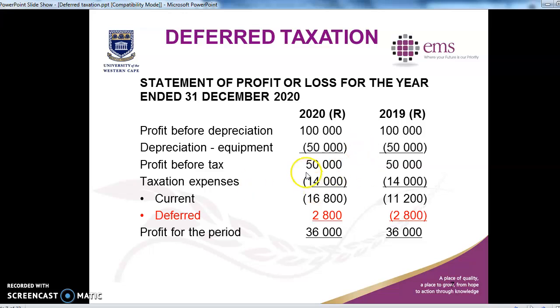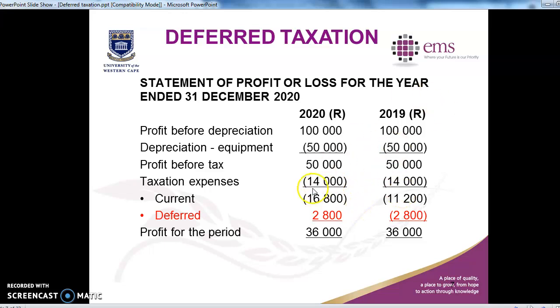Our accounting profit is 50,000 in both years, so 50,000 times 28% gives us 14,000. From an accounting perspective, we should recognize the taxes we have incurred, which is 14,000 on our accounting profits.